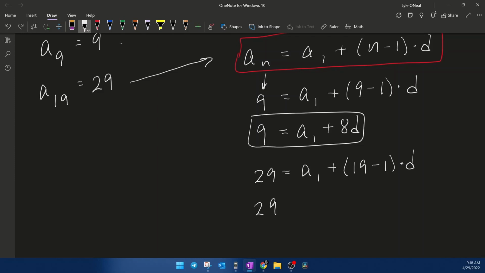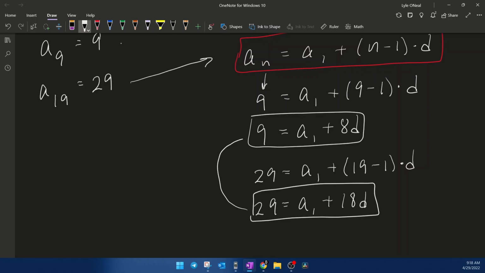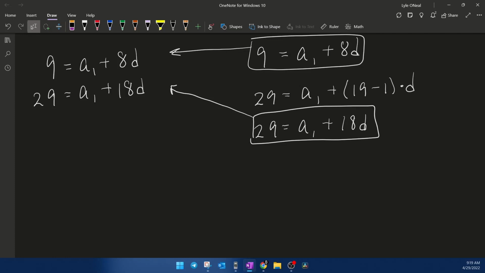That's going to be 29 equals a sub 1 plus 19 minus 1, which is 18d. And now what I would like you to notice is that in the boxes, I have a system of linear equations in two variables, and then I can solve the system by any number of methods that I have at my disposal.